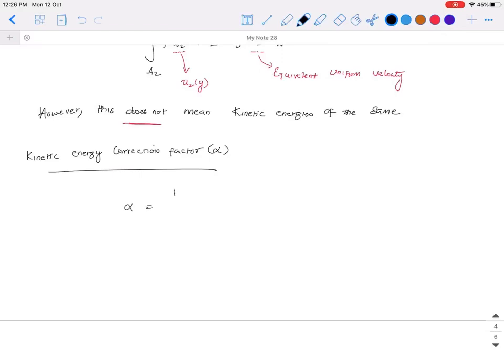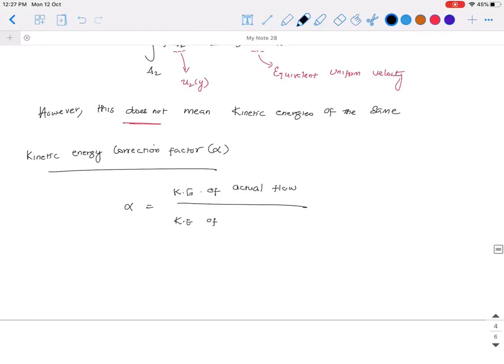Kinetic energy correction factor alpha is the kinetic energy of the actual flow divided by the kinetic energy of the equivalent uniform velocity profile.